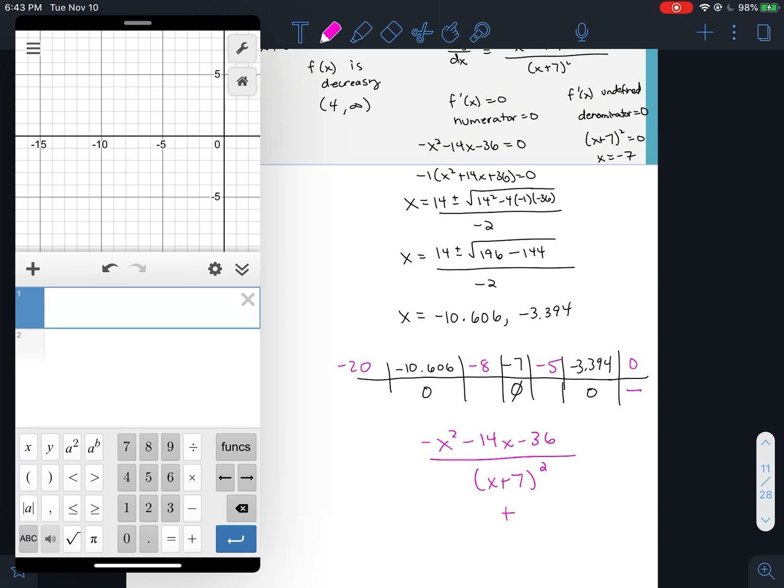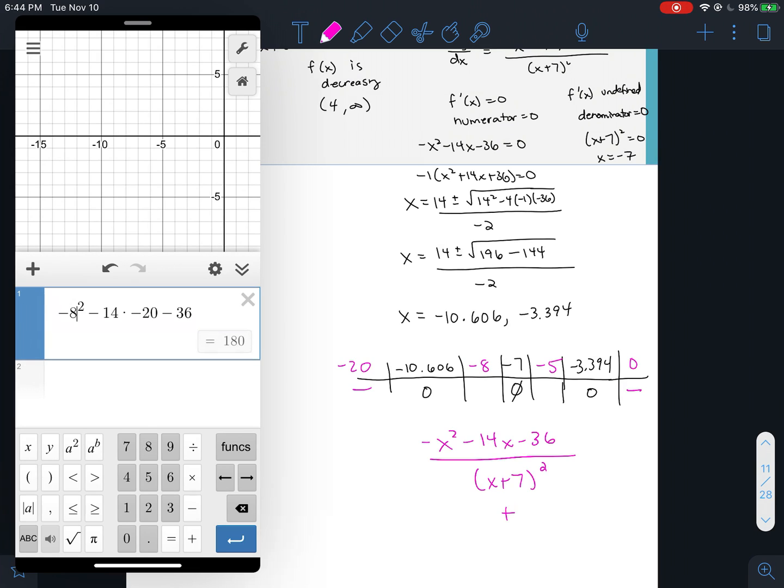Let's just make sure we don't make any little math mistakes. So let's pull up Desmos. So if I plug in negative 20, that would be negative 20 squared, and then minus 14 times negative 20, and then minus 36. So that's going to be negative. So if I plug in negative 20, it's negative.